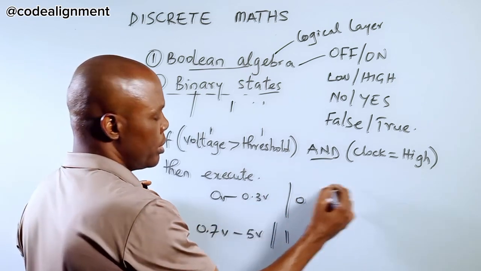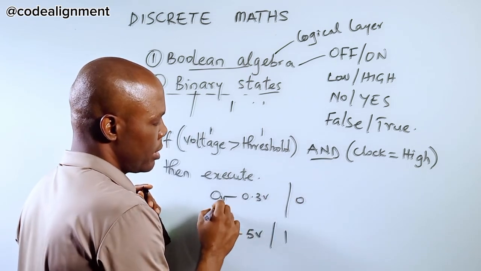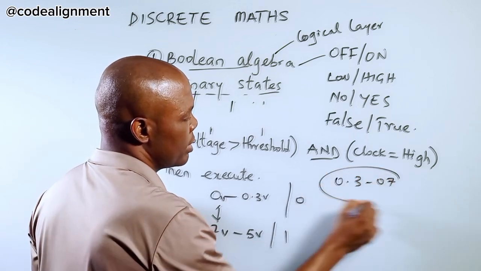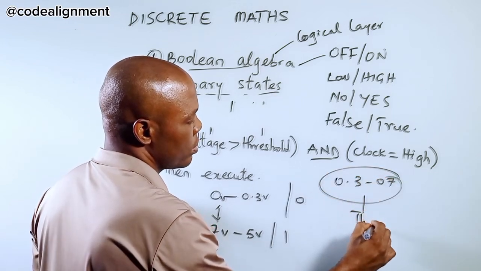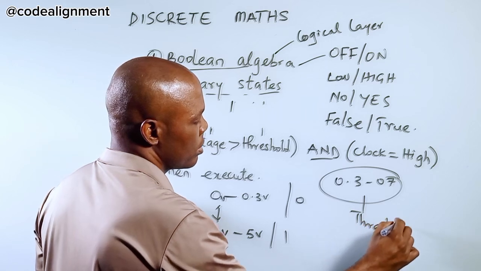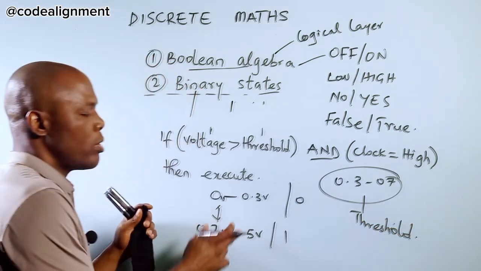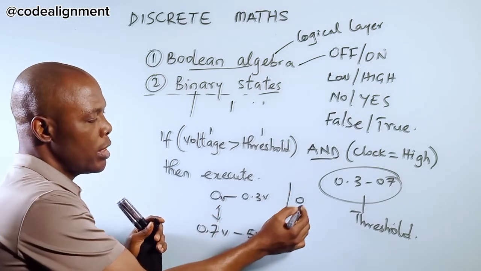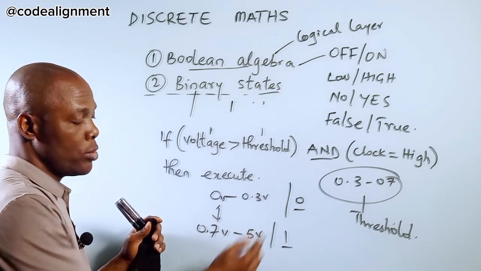Now, the threshold is in between, from 0.3 to 0.7. This is what guides the switching from that continuous state into 0 and 1.